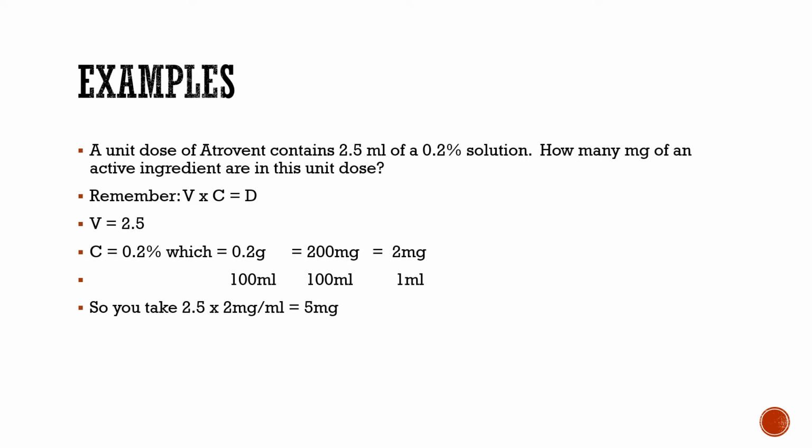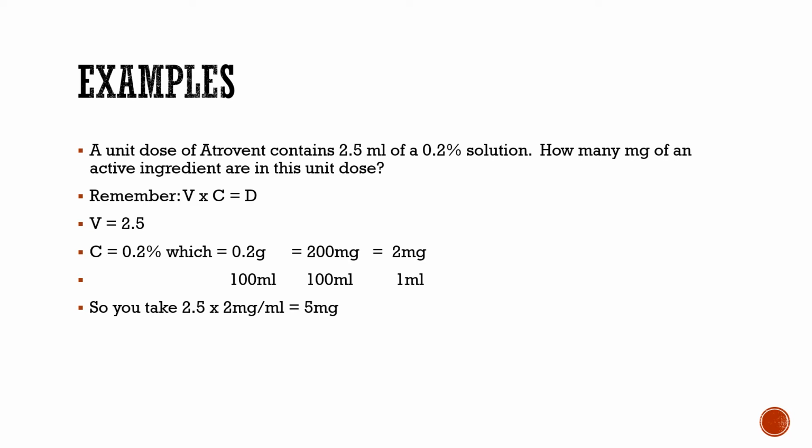Okay, so with all these little mini story problems, you need to identify what you're trying to solve for and what information you're given. So this is saying a unit dose of Atrovent contains 2.5 mils of a 0.2% solution. How many milligrams of an active ingredient are in this unit dose?